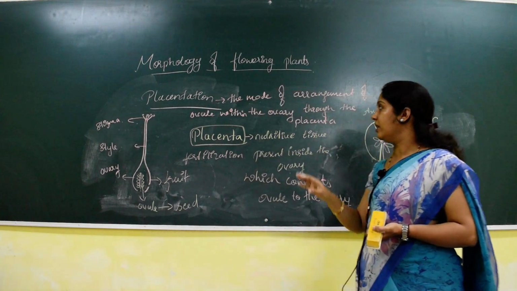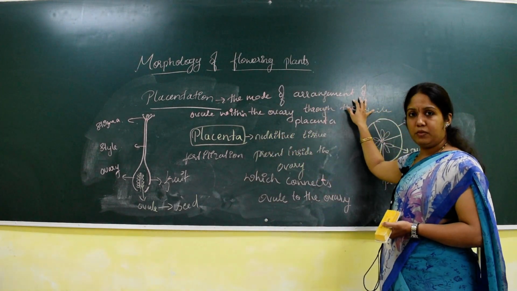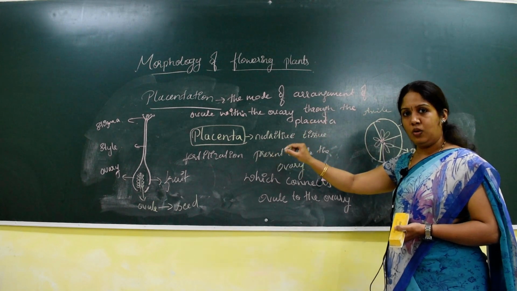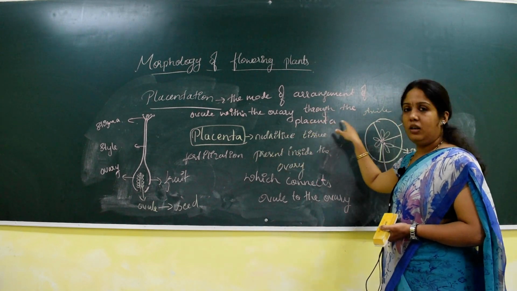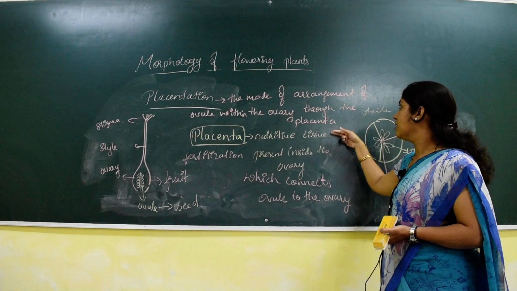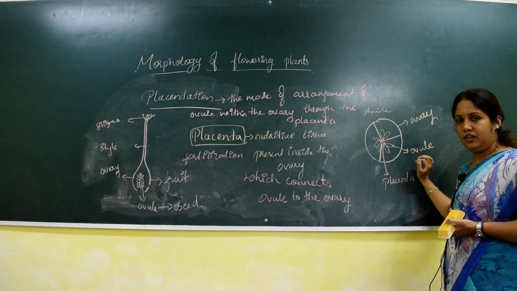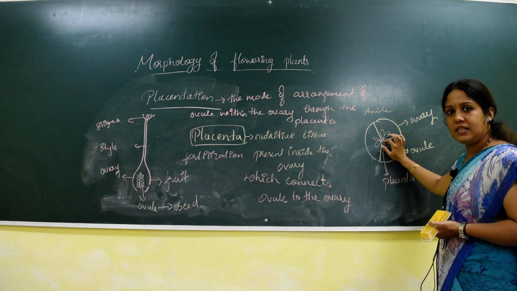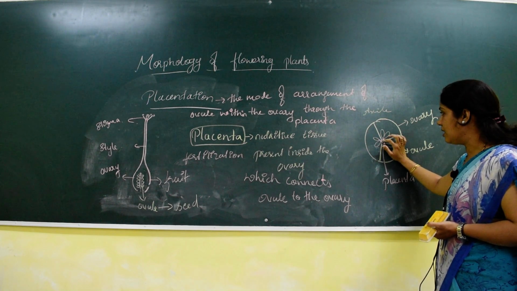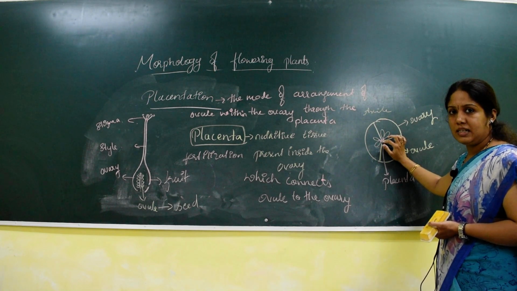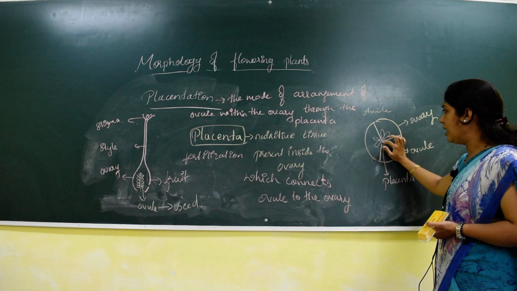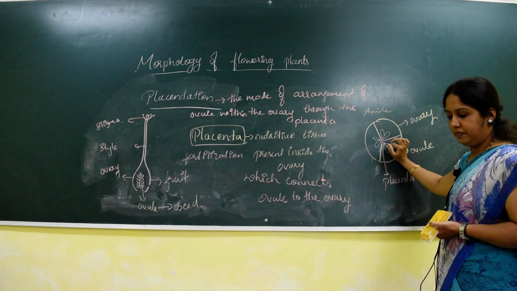So what is placentation? It is a mode of arrangement of ovule within the ovary through the nutritive tissue called as placenta. So ಇಲ್ಲಿ axile placentation ಅಂತ ಹೇಳಿದ್ವಿ. ಇಲ್ಲಿ ಸೆಂಟ್ರಲ್ ಆಕ್ಸಿಸ್ ಗೆ ಪ್ಲಾಸೆಂಟಾ ಅಟ್ಯಾಚ್ ಆಗಿದೆ. The placenta is attached to the central axis. So hence it is called as axile placentation.